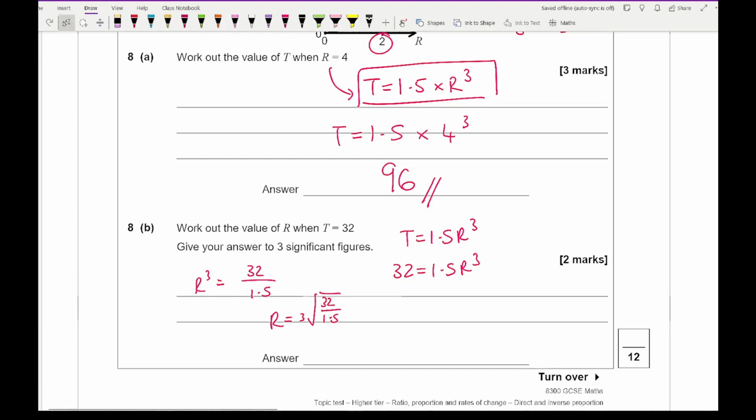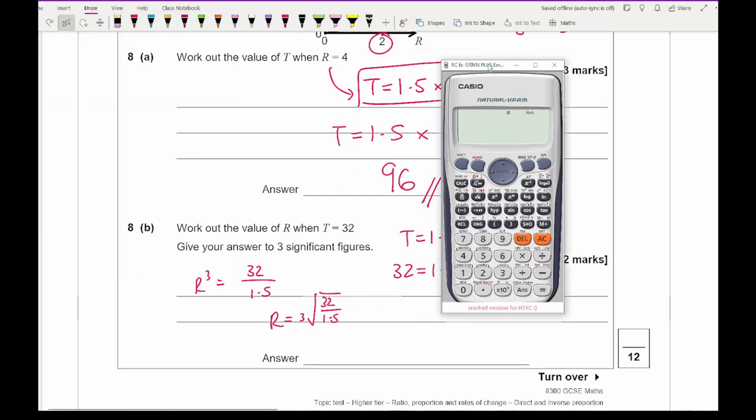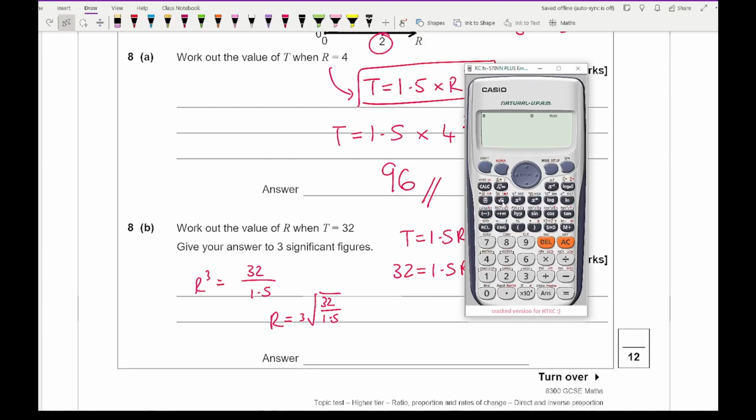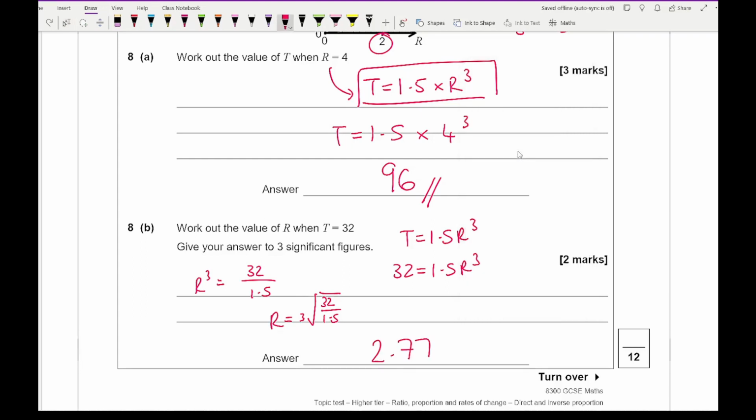So then if I get my calculator, which I'll do now. And again, remember, cube root is not 3 root. You need to use the shift root and it comes up with a cube root, and then enter your fraction. So it's 32 over 1.5, press equals, and it gives me an answer to 3 significant figures of 2.77.